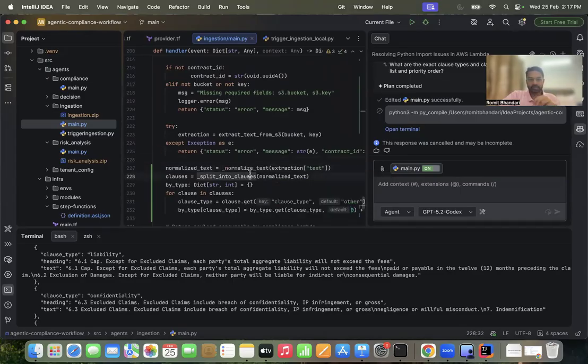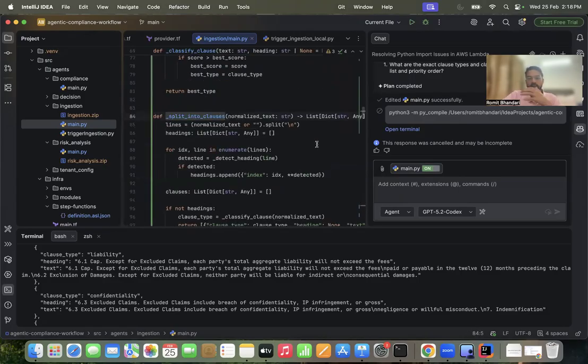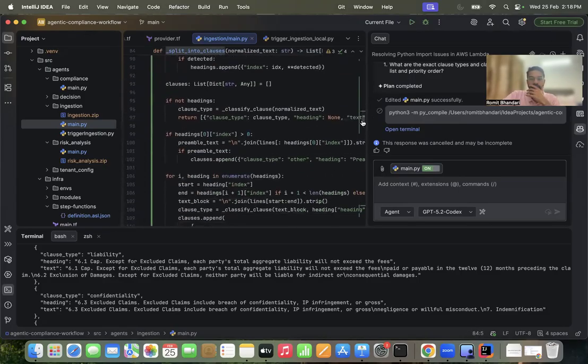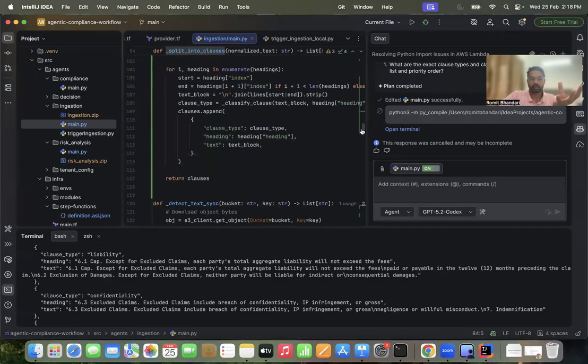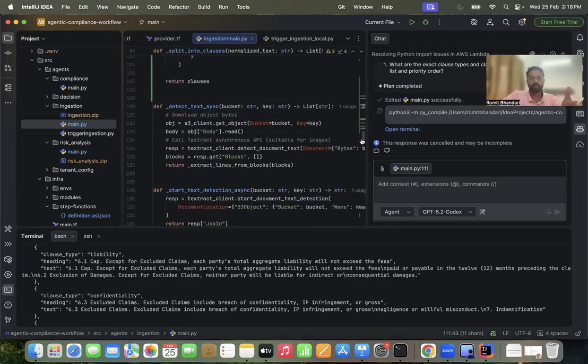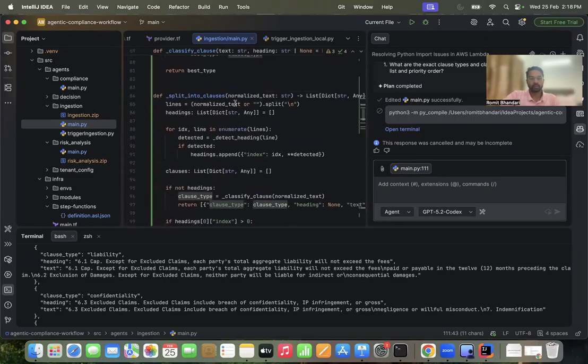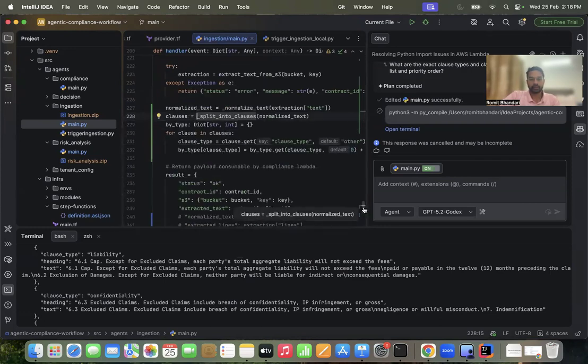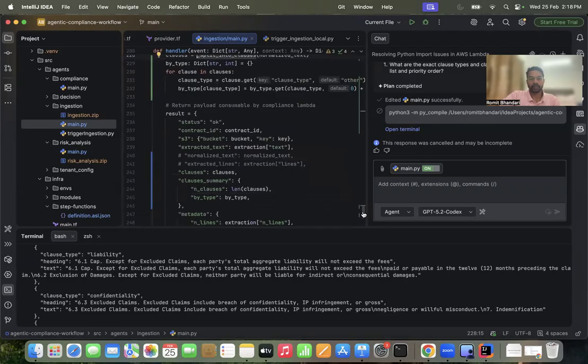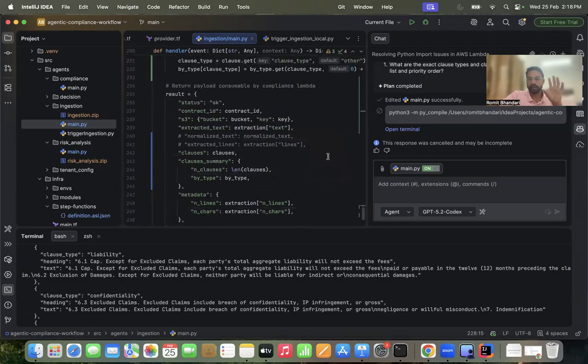The normalized text goes into the split into clauses function, where we basically split the entire extracted text into various headings, such as clause type, and so on and so forth. And then the output contains the clauses array.